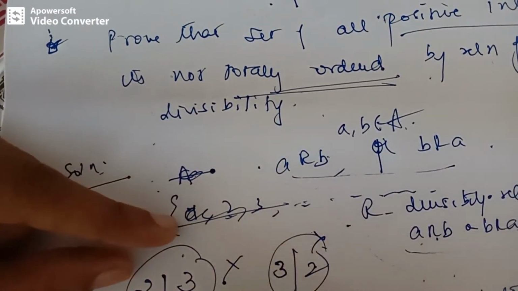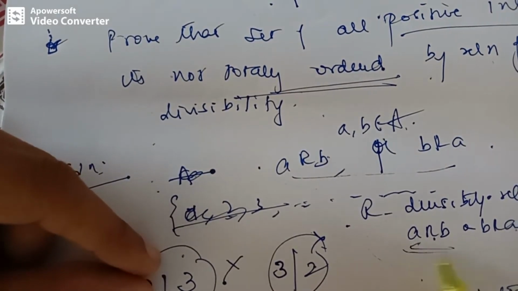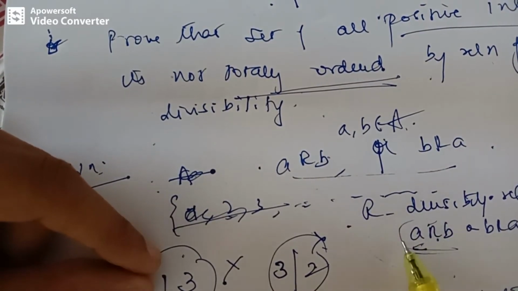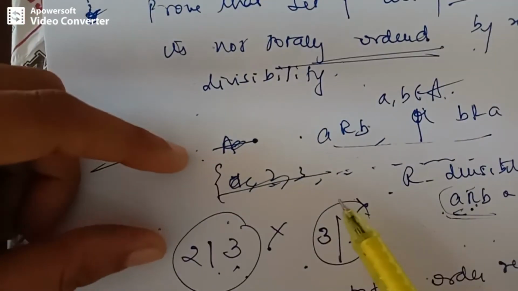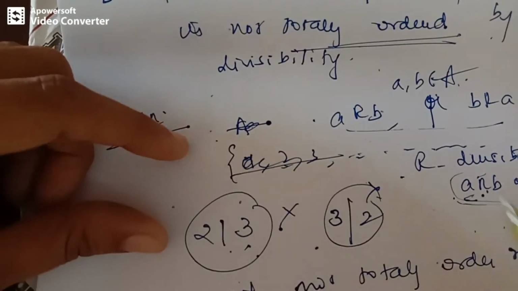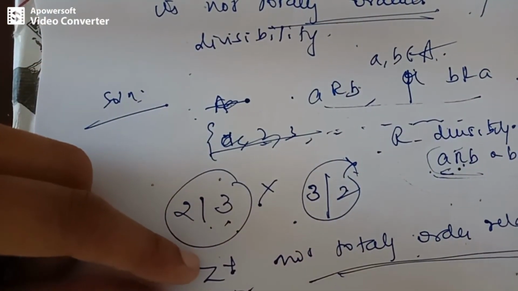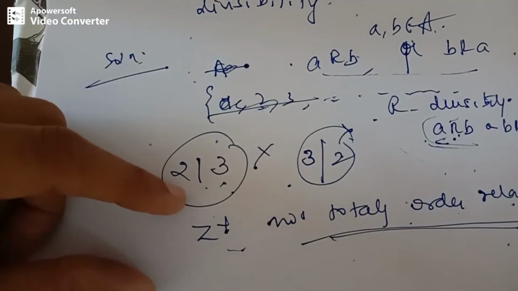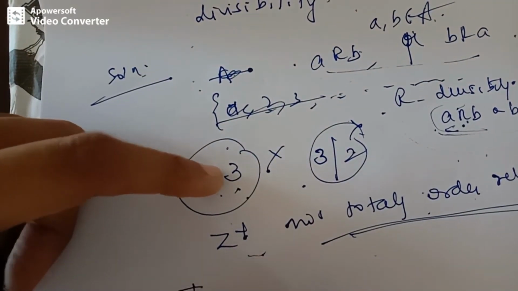But when we verify individual elements, we find that 2 does not divide 3. Okay, the relation is your divisibility relation, A divides B. Does each and every element divide the next element? No. So it does not happen for some elements. Therefore, we can say that it is not a total order relation. So this is how you can write it in words. So let's see the next question.